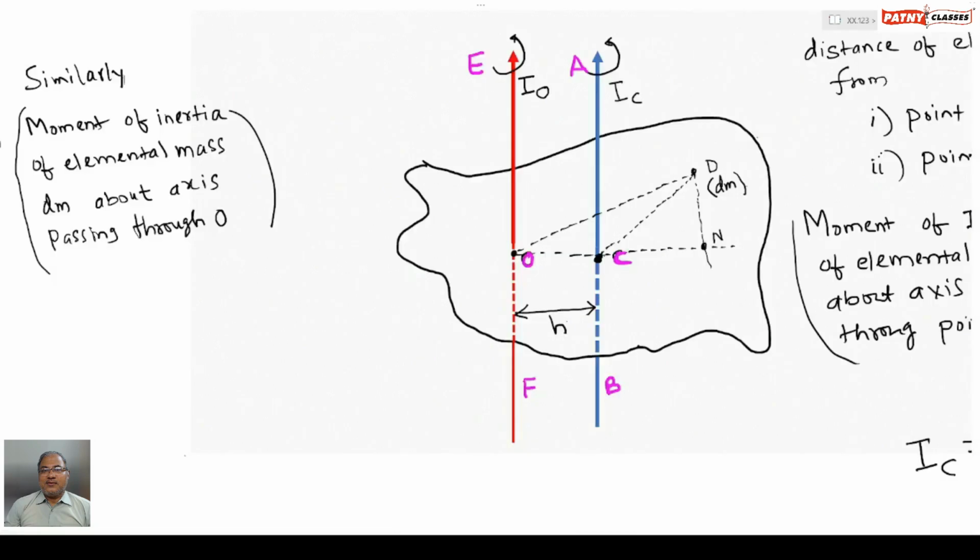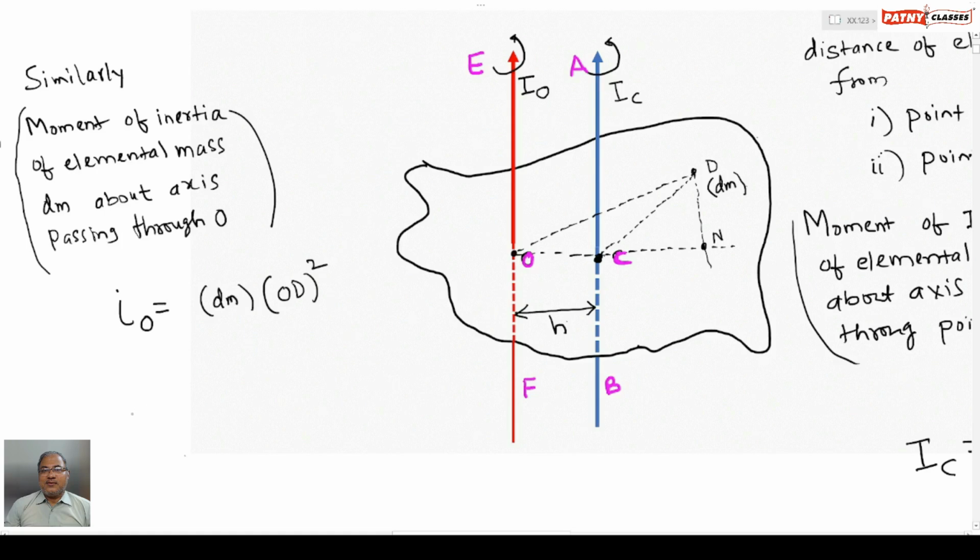Similarly, moment of inertia of elemental mass dm about the axis passing through the point O is given by I naught equals the mass present at D, that is dm, multiplied by the square of distance OD squared.